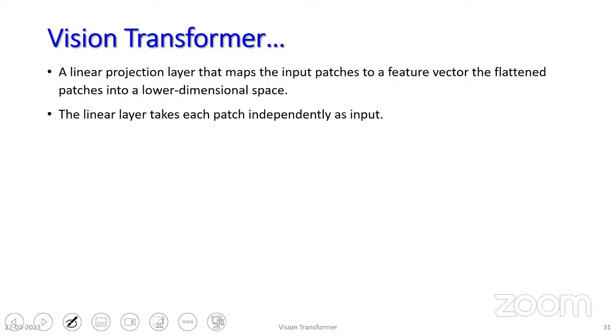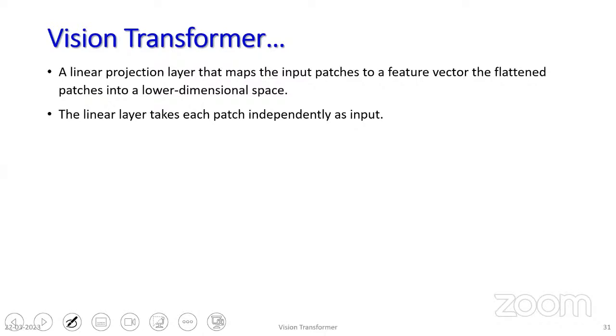Remember that if you have a 224 cross 224 image, and if you choose, suppose, a patch of 2 cross 2, a very large flattened feature vector will be produced. So you have to lower the dimension of the space.